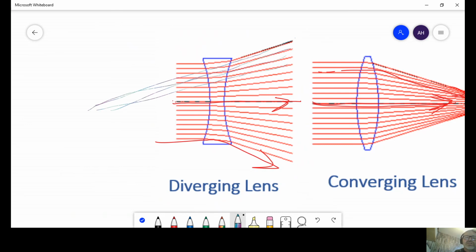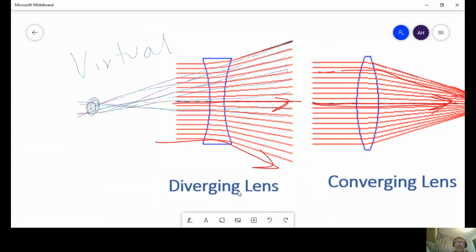I'm tracing these as straight as I can. These are like dotted ones, so dot, dot, dot, dot. There. And they start to cross over now like this. And what you'll get is you'll form your image there. But it's not real, is it? It's virtual. It's a virtual image, and it's the right way up. Okay, take all of those into account.